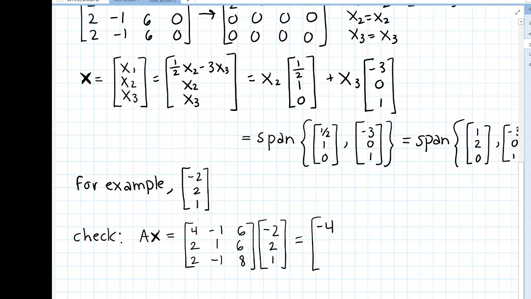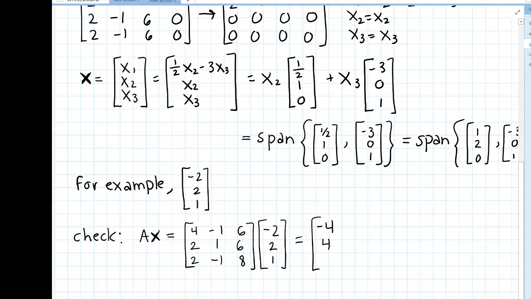And then we're going to have -4 plus 2, so that's -2, plus 6, so that's +4. And then finally we'll get -4 minus 2 is -6, plus 8 is -4, so it's -2, plus 8 is +2.